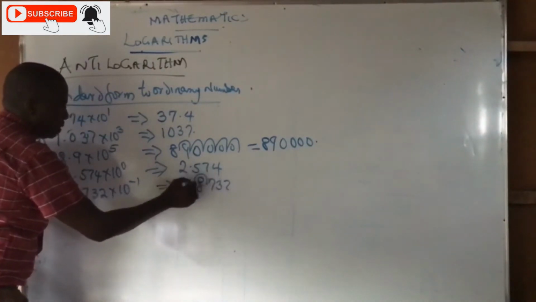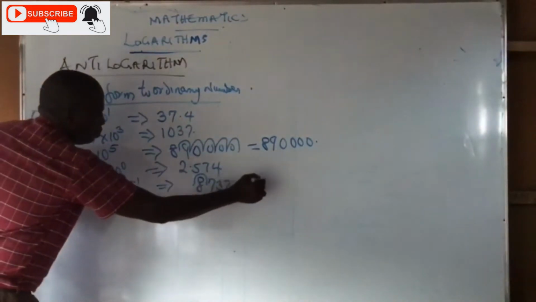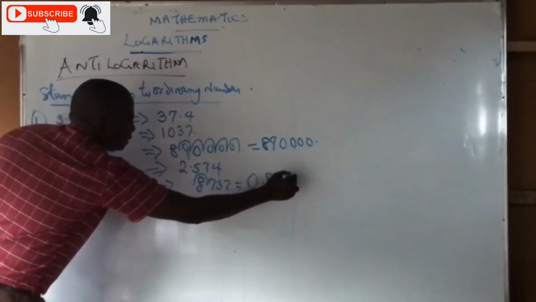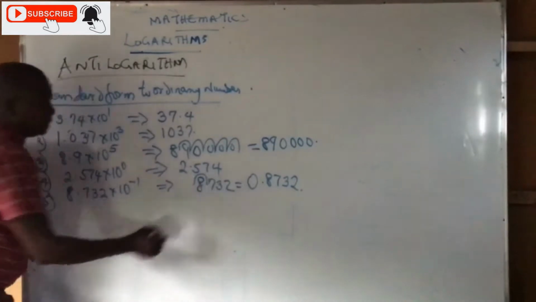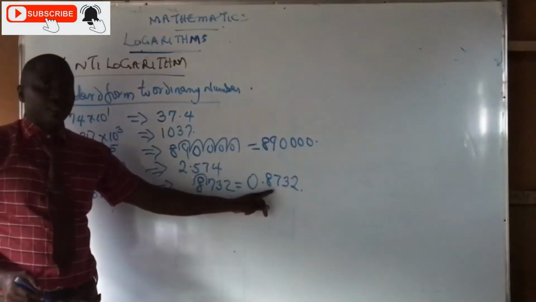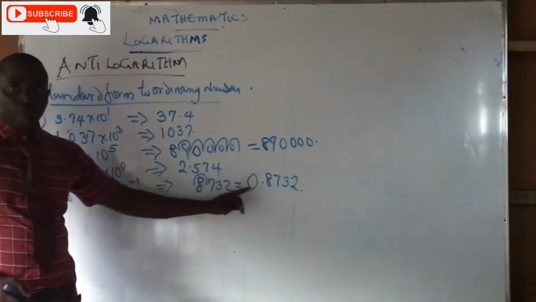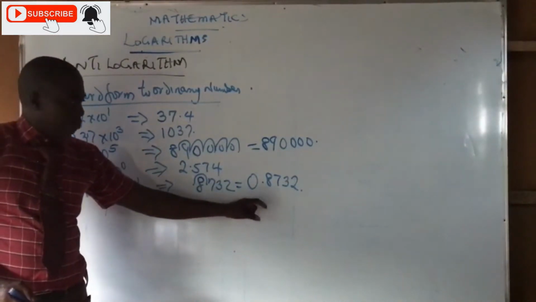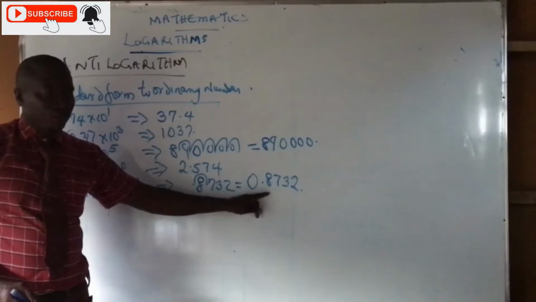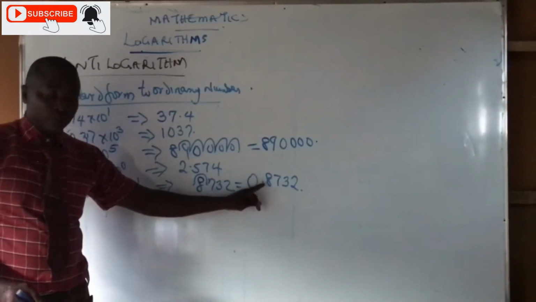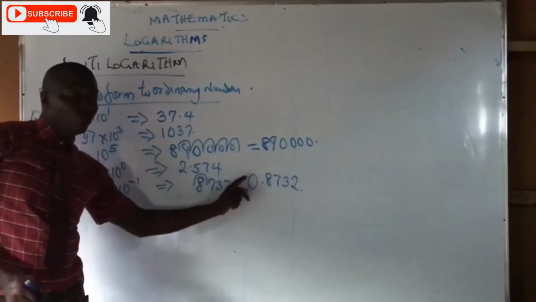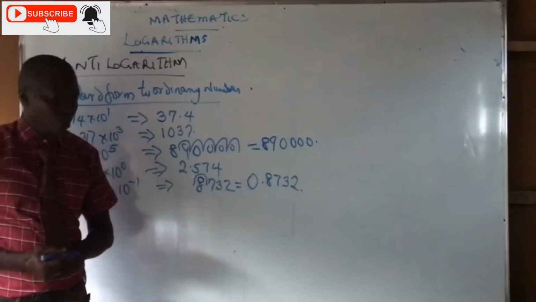If the point is here backward, this will be 0.8732. When you look at this, we said 0 point. If you shift backward, it will be point. For proper writing sake in mathematics, you start a number with 0 point if there is no significant figure.